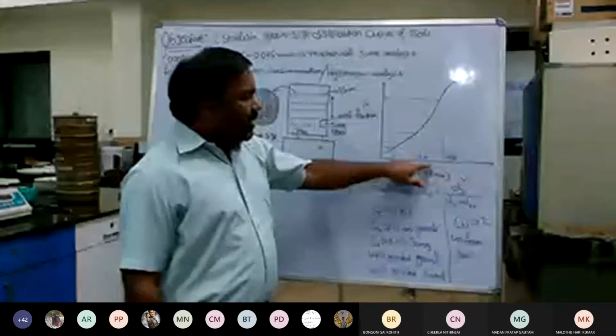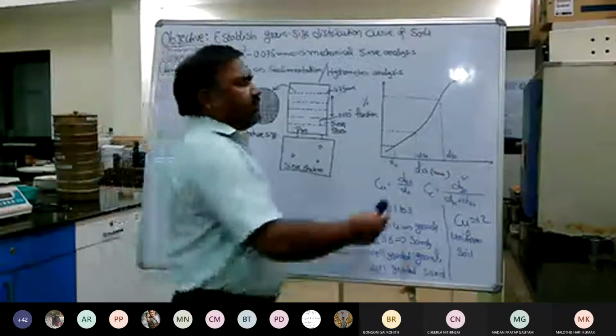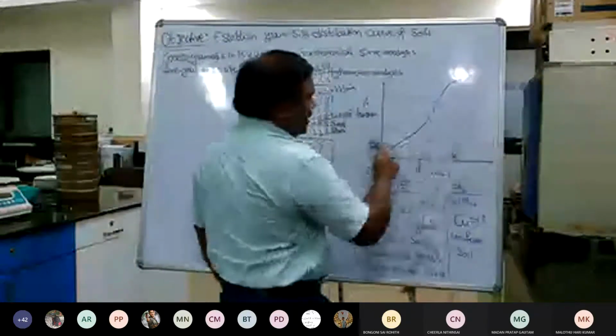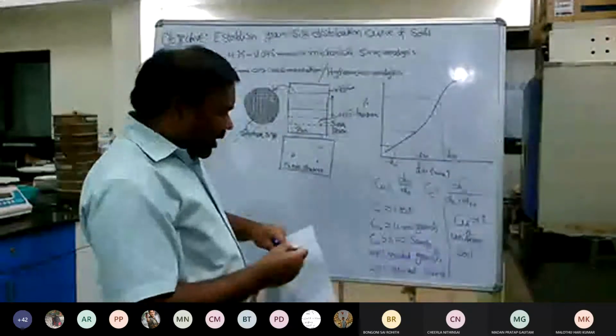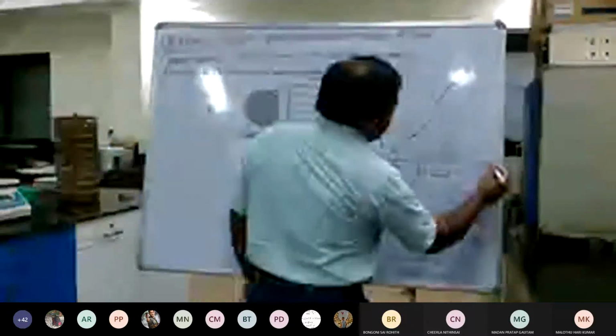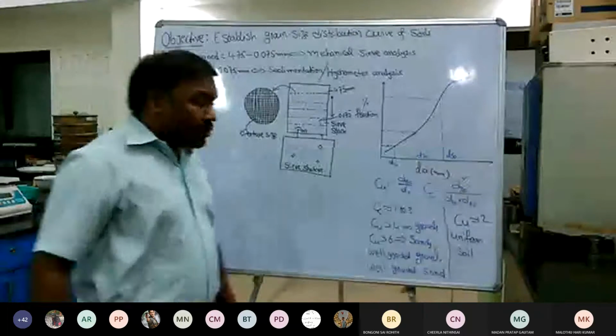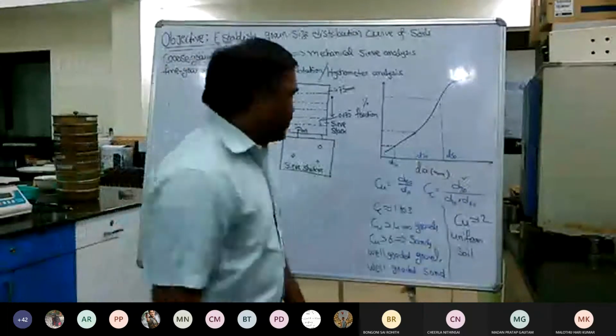Suppose you draw the relationship between particle diameter versus percentage fraction, which looks something like this. On the x-axis, you will indicate the particle size depending upon the coarse soil or the fine soil.